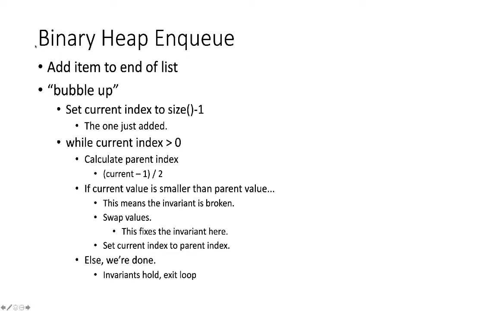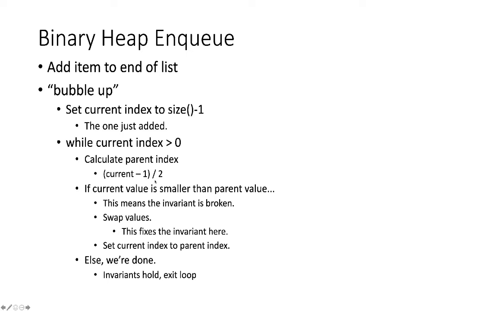So we set the current index to be size minus 1, the one we just added, and while we're not at the root yet, while we're still somewhere down below in the tree, so where we're not at the very top of the tree, that's index 0, while the current index is not 0, we calculate the parent index of our current index, and that's simply (current index minus 1) divided by 2.